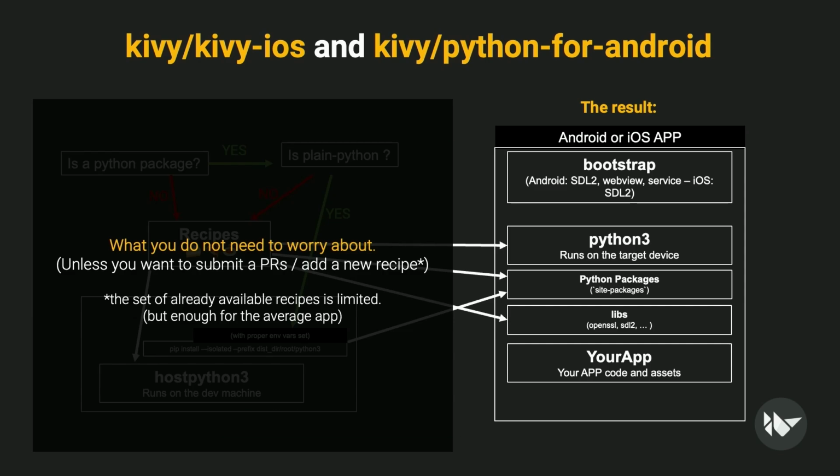This is the result. We are going to have our Android or iOS app with the Bootstrap, the Python 3, which is able to run on the target device, and the Python packages, both the cross-compiled ones and the plain Python packages, then the libraries like OpenSSL or SDL2, which are also cross-compiled, and finally, your app with your app code and assets.